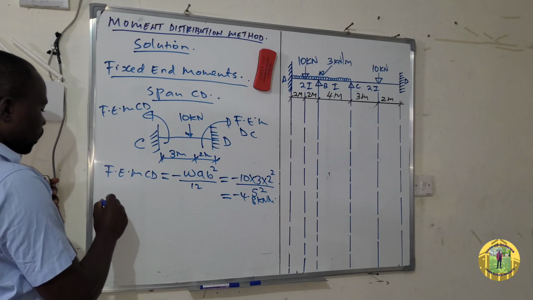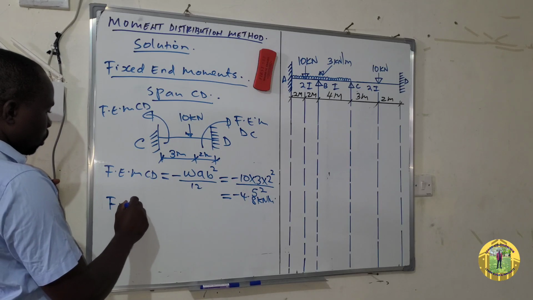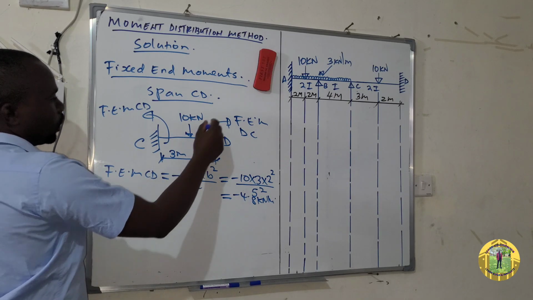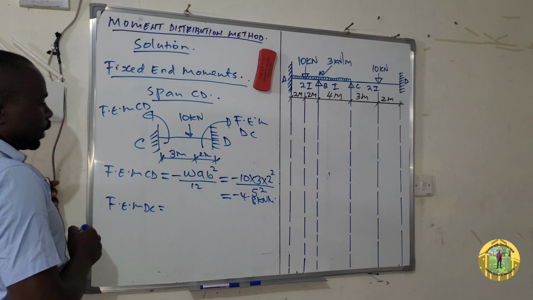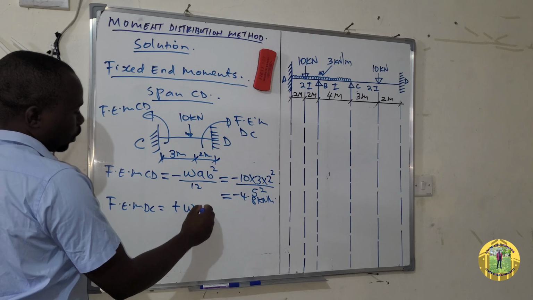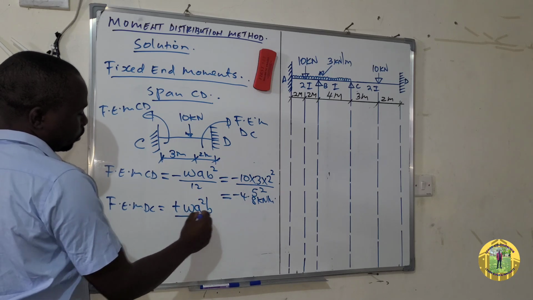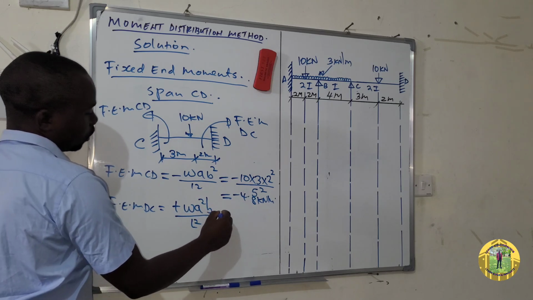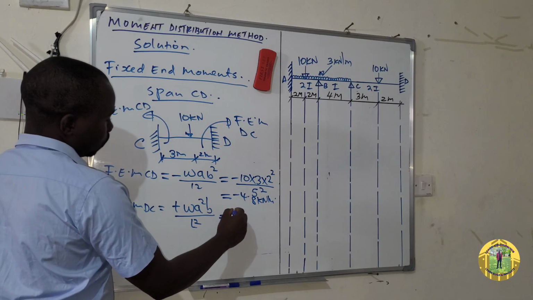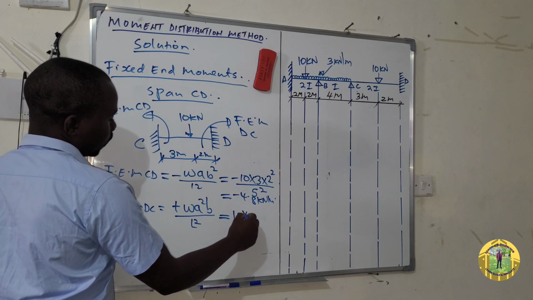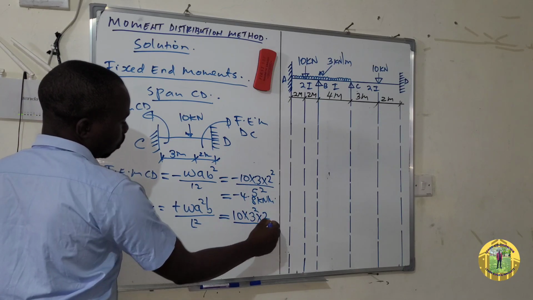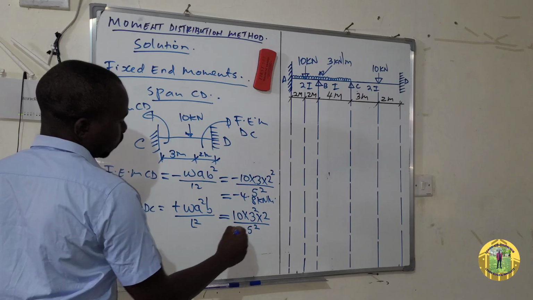And then we proceed to fixed end moment DC. So this moment is in clockwise direction, and therefore plus WA square B over L square. So this one is equal to 10 times 3 square times 2 all over 5 square.